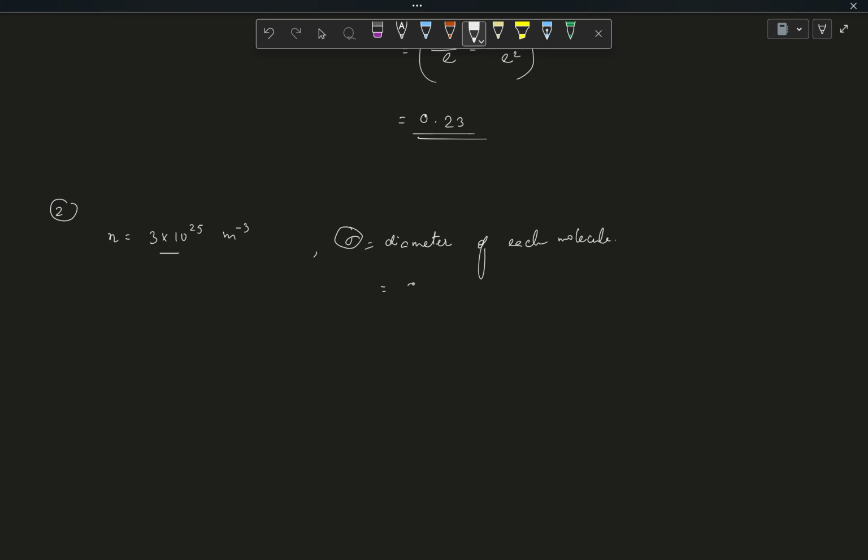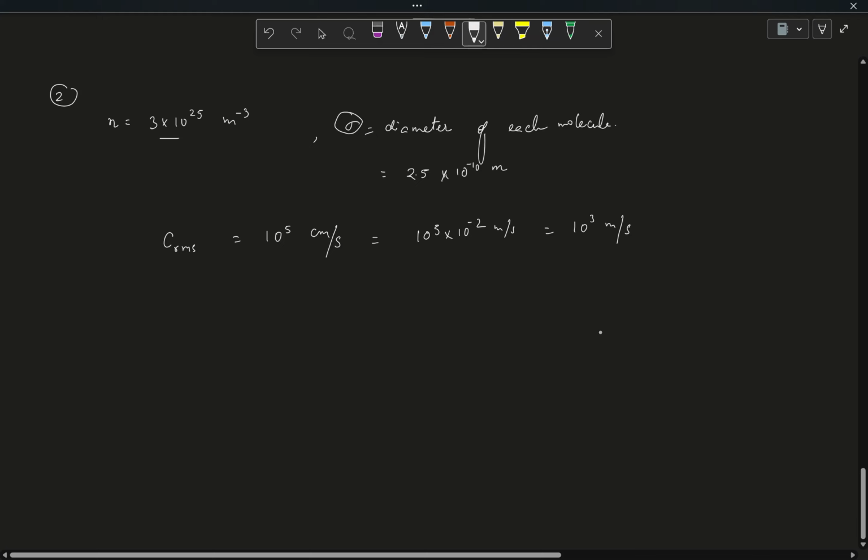That diameter value is given as 2.5 into 10 to the power of minus 10 meter. And the RMS velocity of the molecules in the gas is given as 10 to the power of 5 centimeter per second. If you convert it into SI unit, that means meter, it is 10 to the power 5 into 10 to the power of minus 2 meter per second, which is 10 cube meter per second.